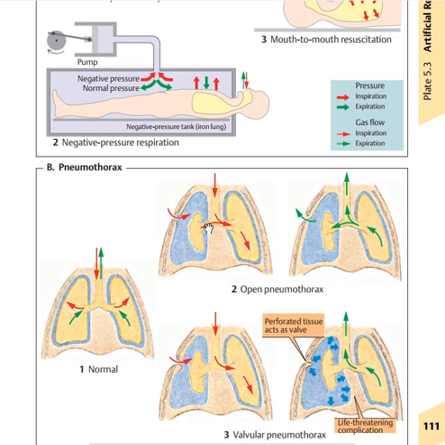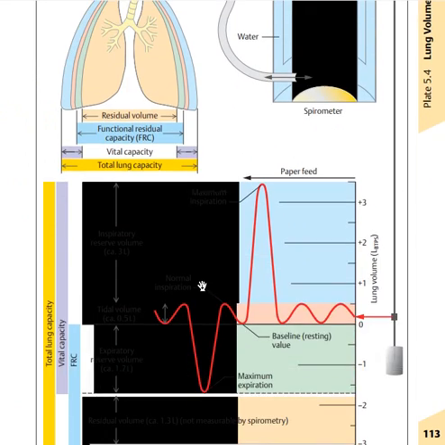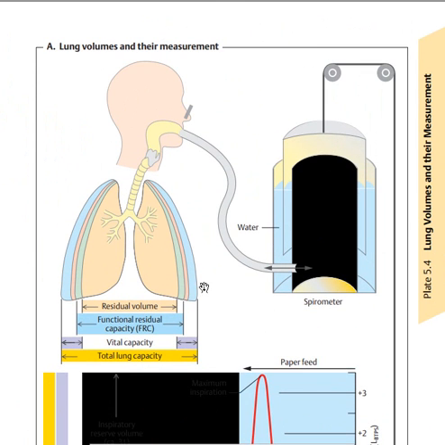So during inspiration, air is going to enter here, and then during expiration, air is going to enter here and move out here. But now when it's perforated, there is a prevention of expiration, so this lung is going to completely collapse, and it's a life-threatening condition. So now let's have certain definitions of lung volumes and their measurement.